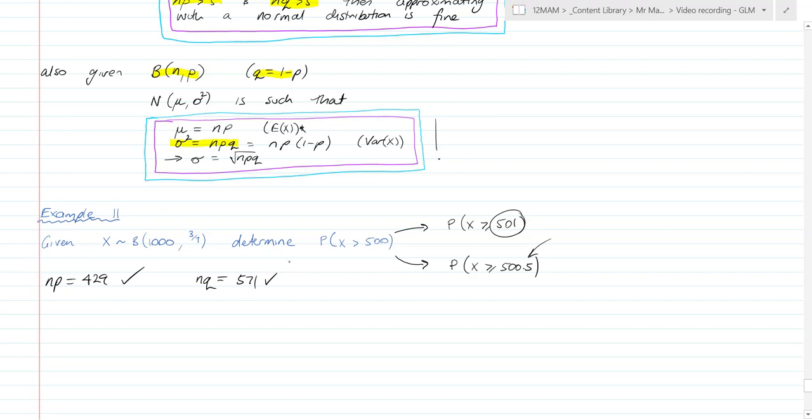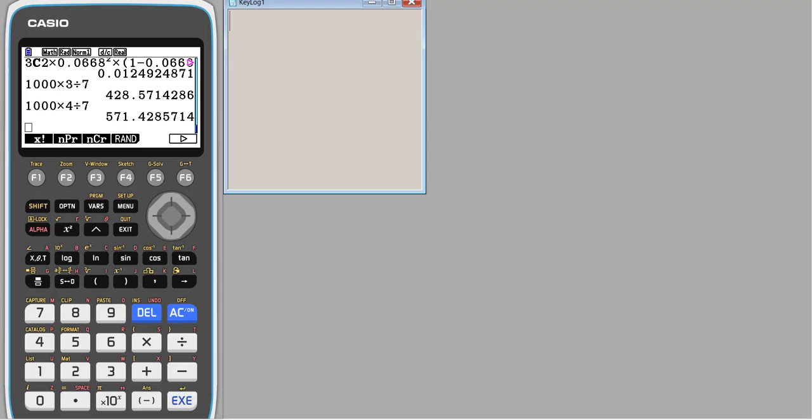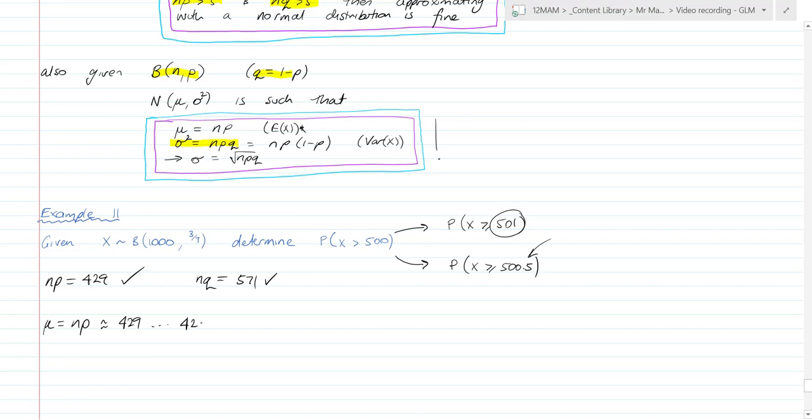So we're saying that if X is approximately equal to B, then we can say that mu is equal to np, which is equal to 429, but we might be a little bit more accurate since this is part of our calculation. So if I go back here, it's 428.57 is a better way of doing it. And we're going to say that sigma is equal to the square root of npq, which is equal to the square root of 1,000 times 3/7 times 4/7.